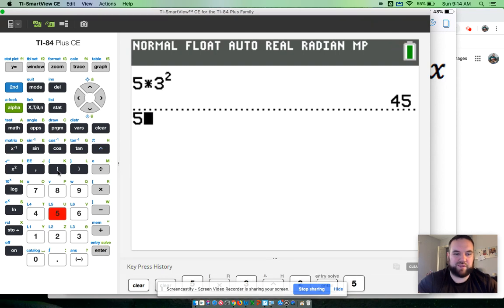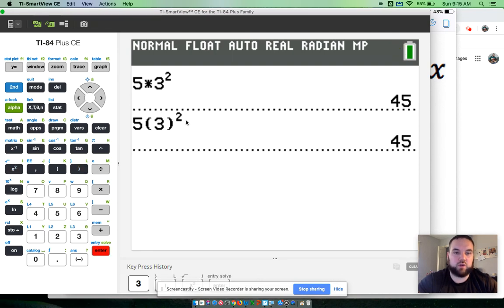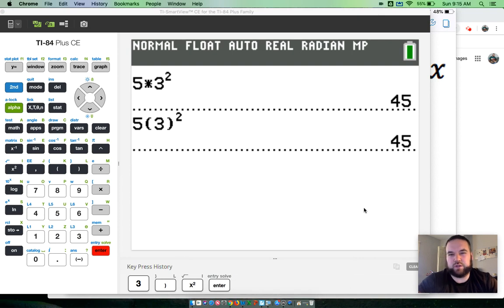You could just use parentheses instead of the times button. It really doesn't matter a whole lot. If that 3 was a fraction, then you would need to use parentheses. But we'll get into that as we move along.